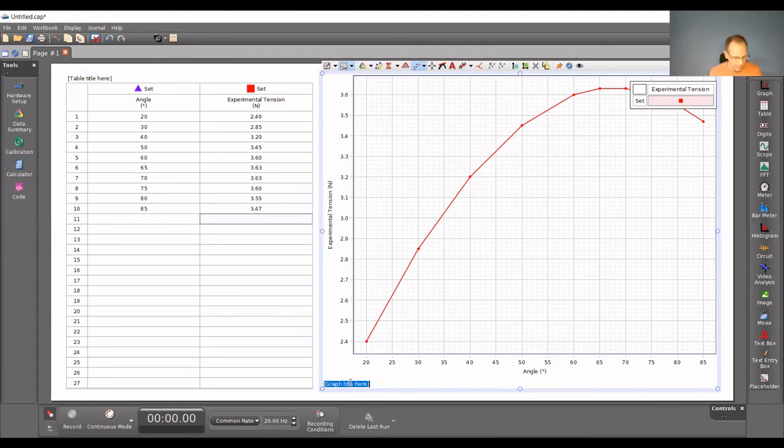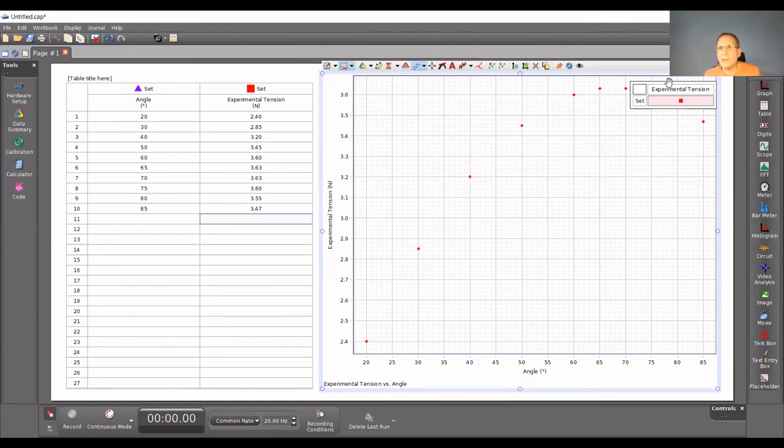Remember, for the title, it's always Y versus X, so you could say experimental tension versus angle. That would be fine. I want to get rid of these line connections. So you hover over a data point, right click, uncheck show connecting lines, usual.